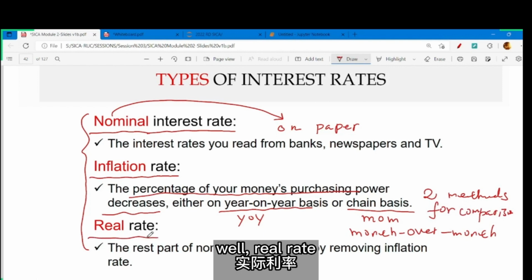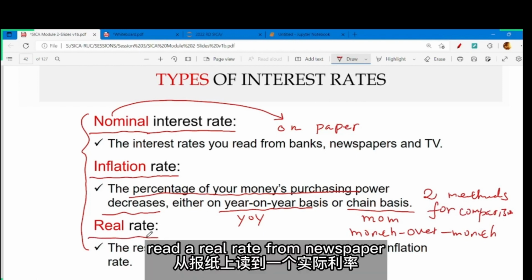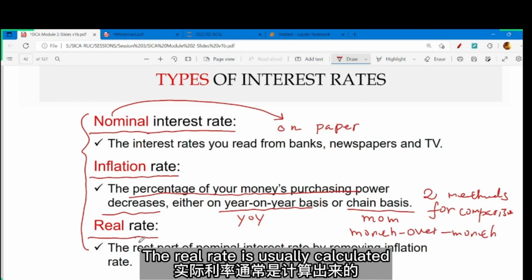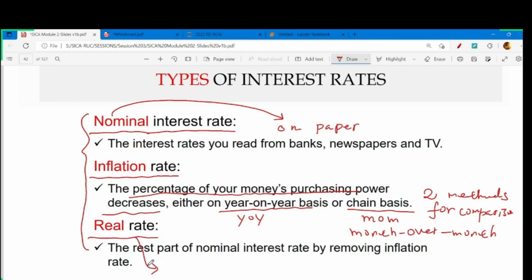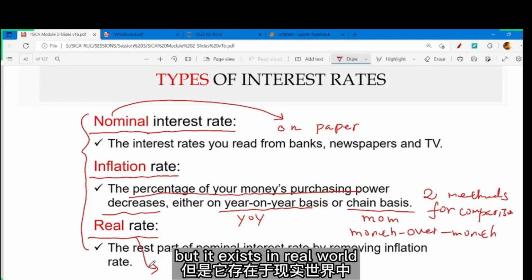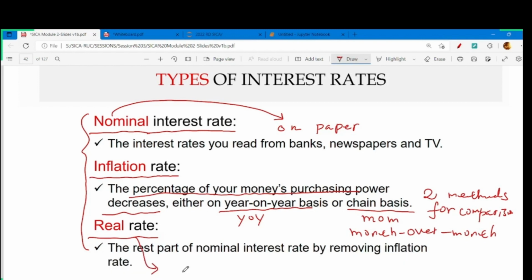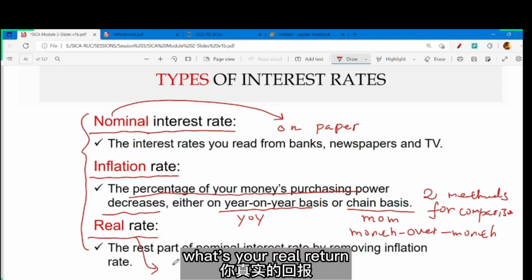While real rate, usually you cannot read a real rate from newspaper or from a financial institution. The real rate is usually calculated, but it exists in the real world. The real rate means if you ignore the inflation, what's your real return?